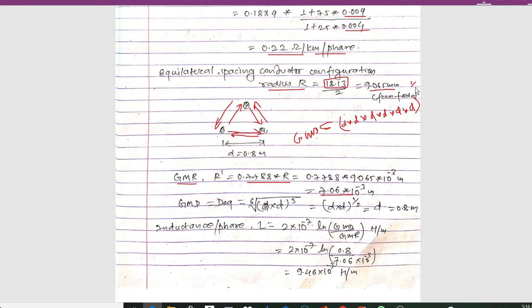If you substitute the value of D here, we will get the value of GMD exactly as D. So D will be 0.8 meters.